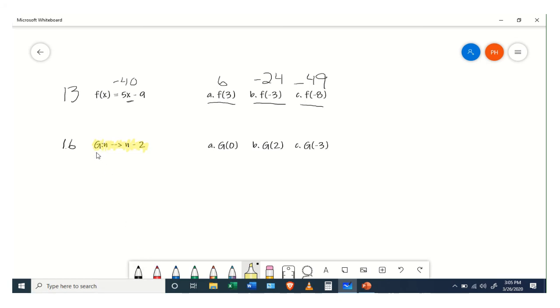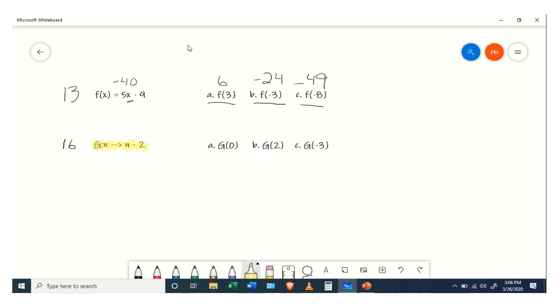So the book gives you this because you might encounter both kinds of functional notation in the future. I will only ever give you this one, okay, the f of x kind. But let's figure out how to read the bottom one. It's basically read the exact same way. G of n equals n minus 2. All right? So the math involved here is pretty easy. We're just going to take the input and subtract 2 from it.